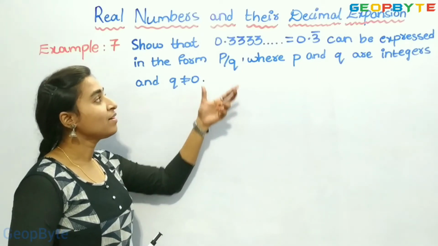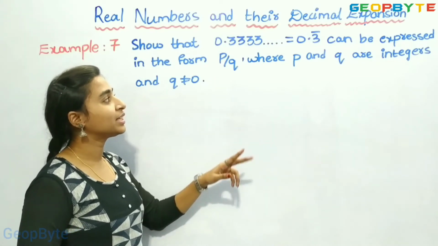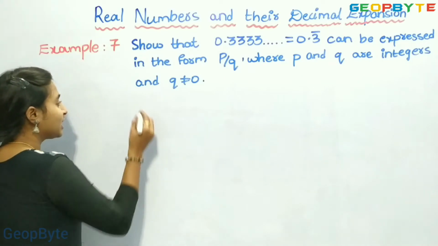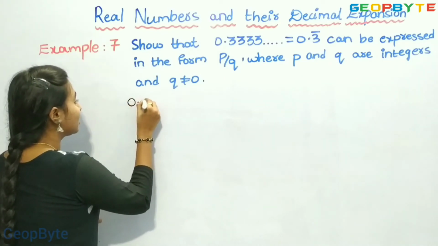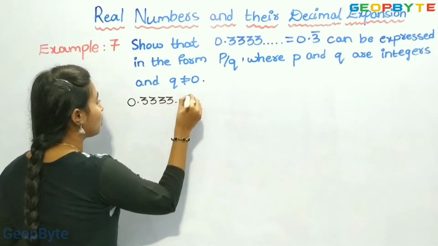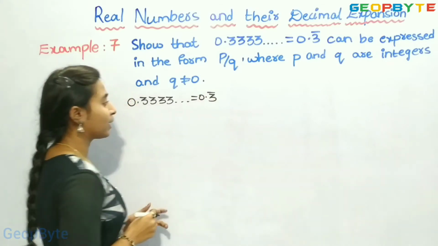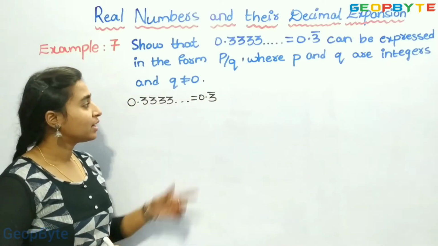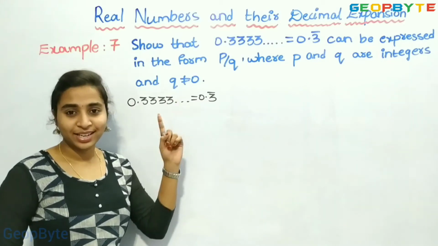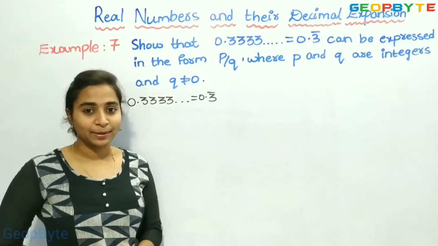See, here we have a decimal expansion, that is 0.3333 is equal to 0.3 bar. First, let us write it. 0.3333 and so on is equal to 0.3 bar. See, here we have bar for only one digit, that is 3. That is why the number 3 keeps on repeating.